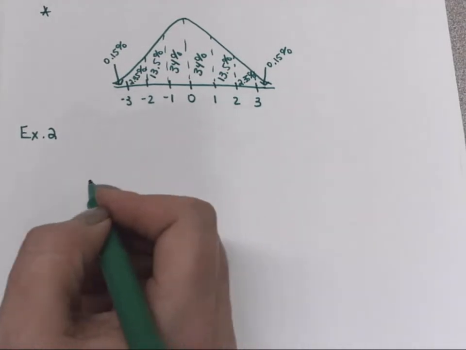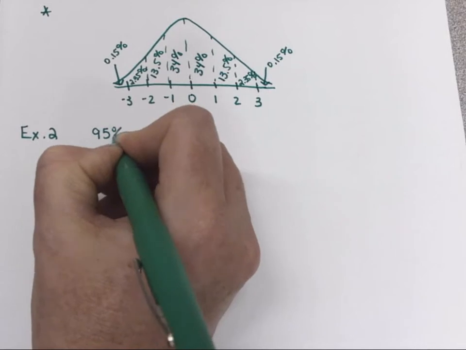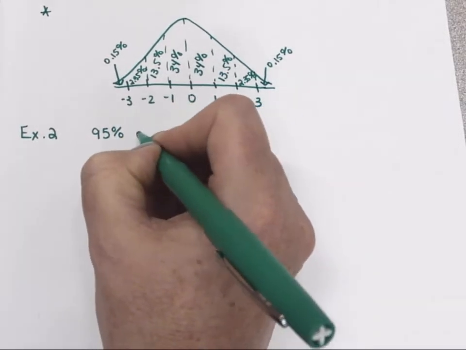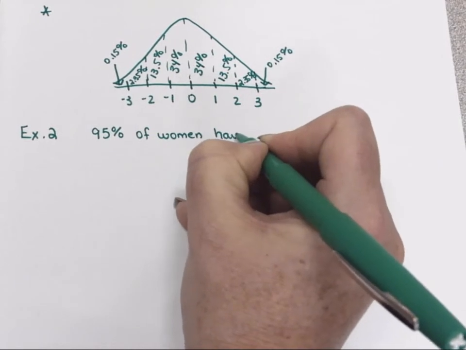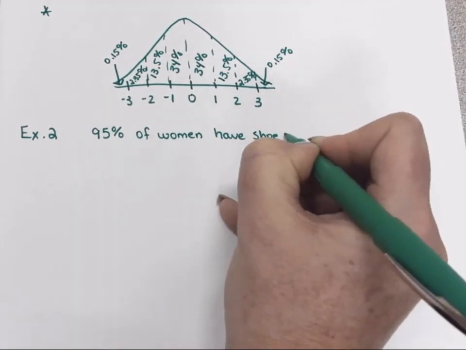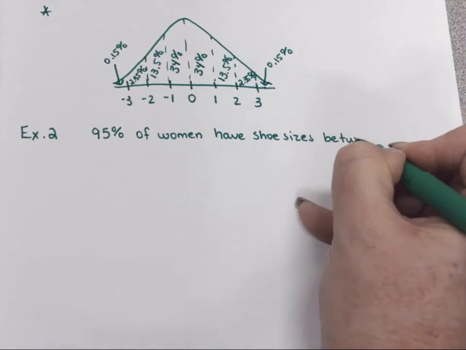Okay, so let's do another problem. So let's say that 95% of women have shoe sizes between 5 and 9.